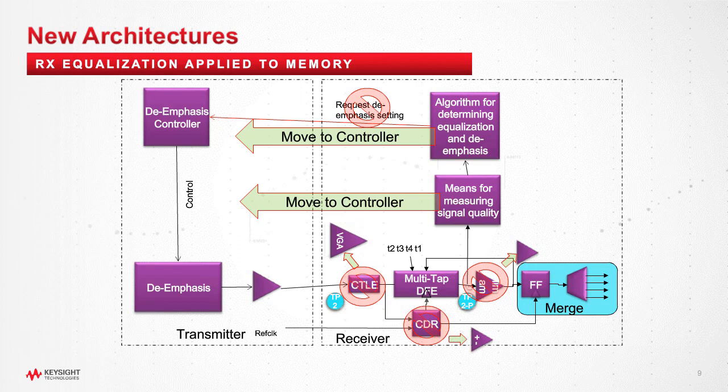It uses a combination of a CTLE, which is a linear equalization, and a decision feedback equalizer, which is a discrete or nonlinear equalization. And there are various adjustments to those that need to be set in order to compensate for the loss that exists on the channel and open the eye up before it gets to the flip-flop that you can see there in the merge block on the right.